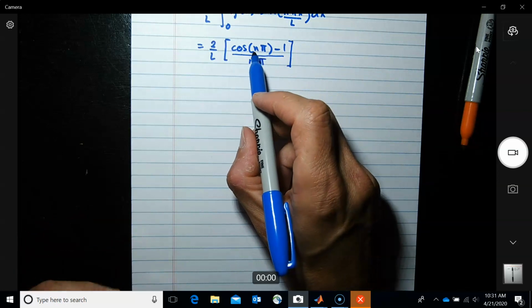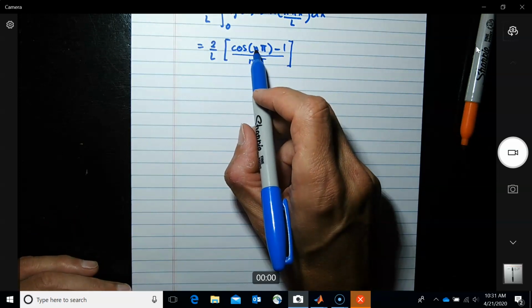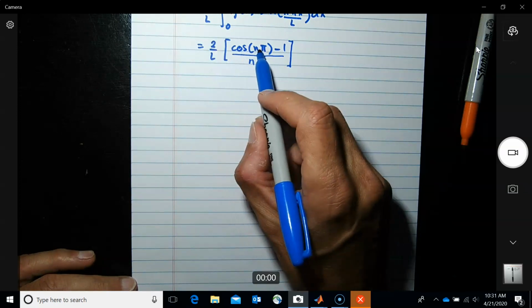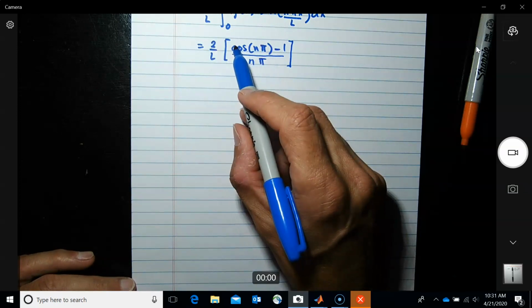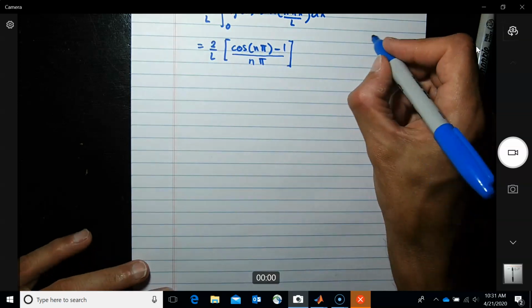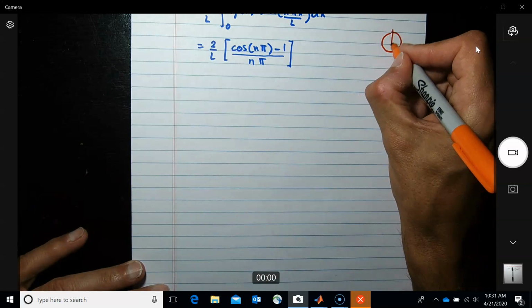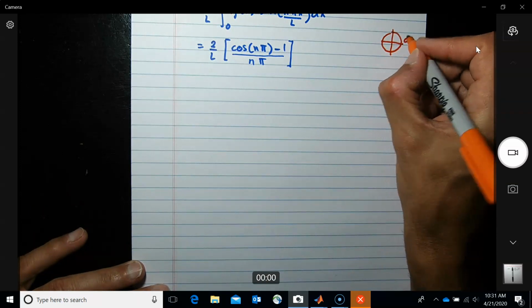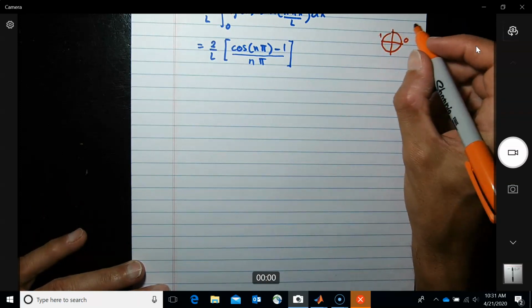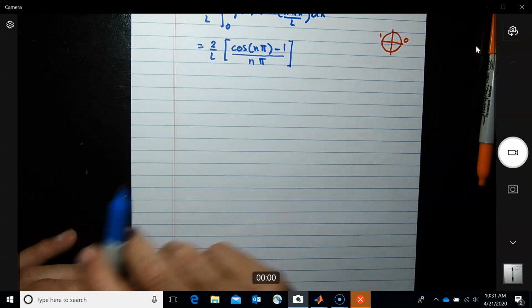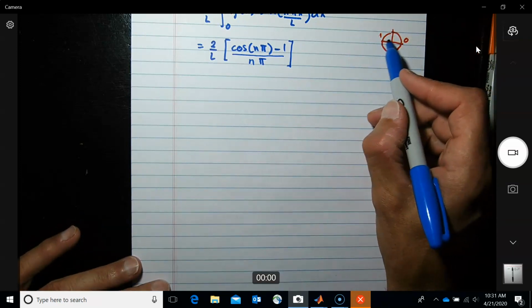If you think about it, this will be 0 if n equal to 1, and it will be minus 2 if it's equal to 2, or the other way around. If you do the circle, here will be 0, here will be 1, no? Okay? So it will be 0 minus 1, 0 minus 1.